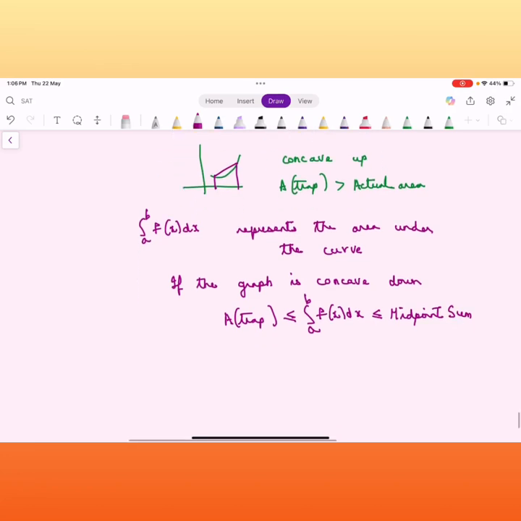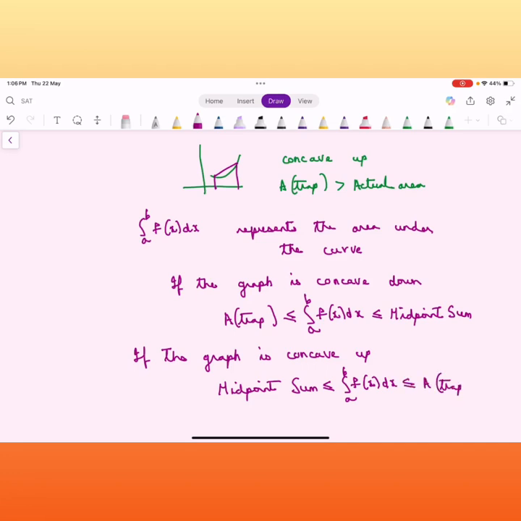And if the graph is concave up, in this case the midpoint sum would be less than or equal to integral a to b f of x dx, which is less than or equal to the area of the trapezoid.